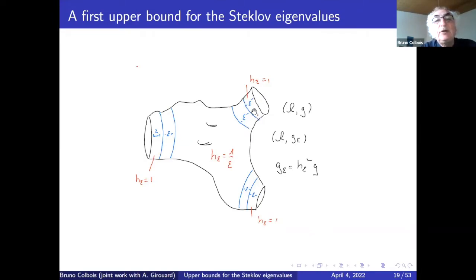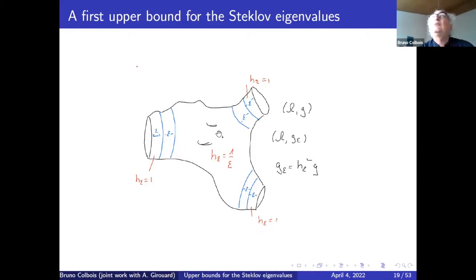On the epsilon tubular neighborhood, you will choose h equal to 1 so that the geometry of the boundary does not change. But outside the 2 epsilon neighborhood, you take h epsilon equal to 1 over epsilon, which is, of course, you multiply by a very large constant as epsilon goes to 0. And in between, you just glue, you interpolate. So when you do this, of course, the volume goes to infinity.